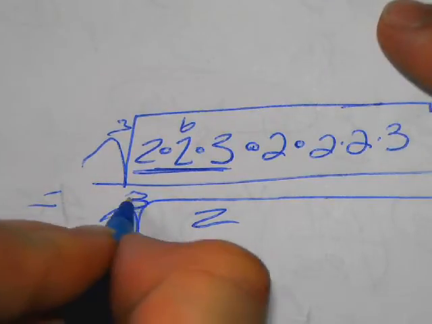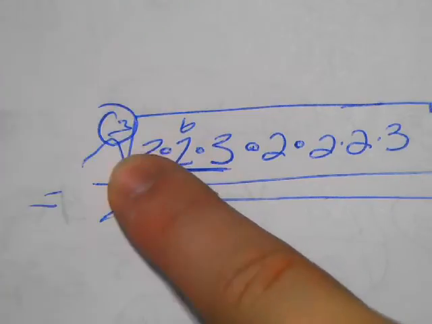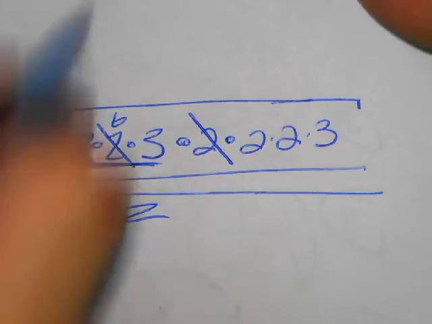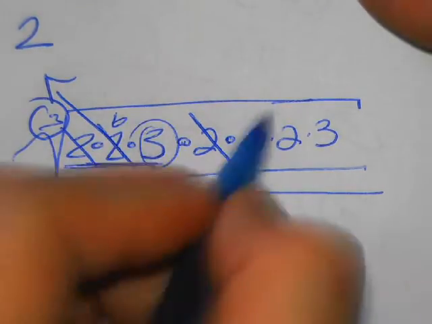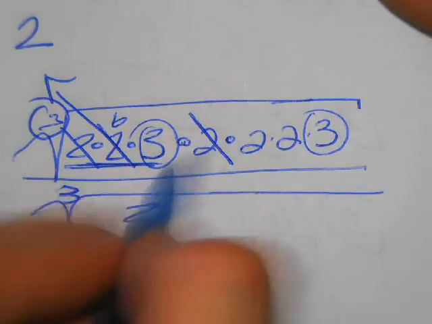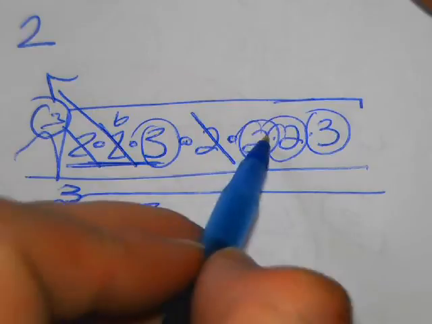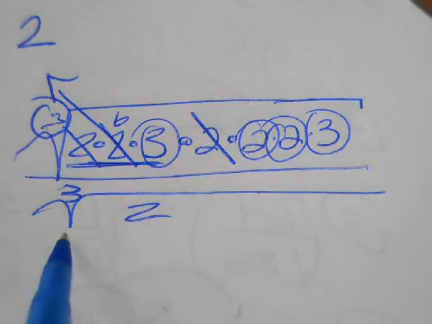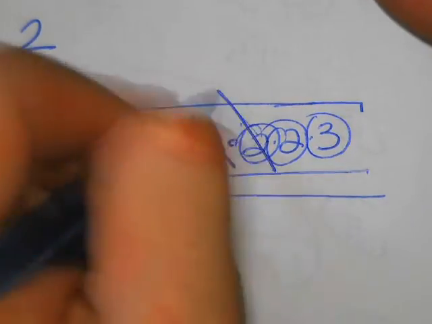Alrighty. I need 3 factors to match up to get out of here. So I've got 1, 2, 3. That 2 can leave. I've got 2 3s left, and 2 2s left. I'm going to take one of my 2s, and because it's the cube root of 2, and I'm dividing by the cube root of 2, this is the same thing, numerator and denominator, which will go away for me to 1.